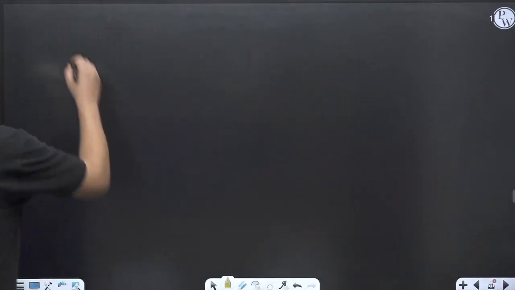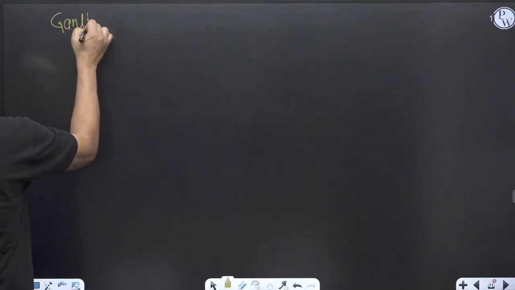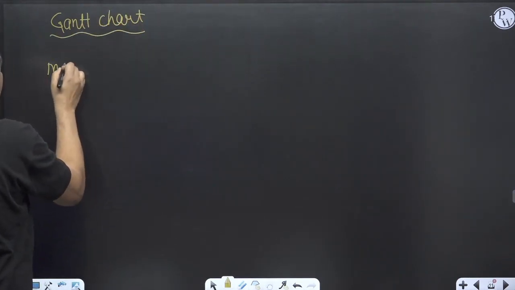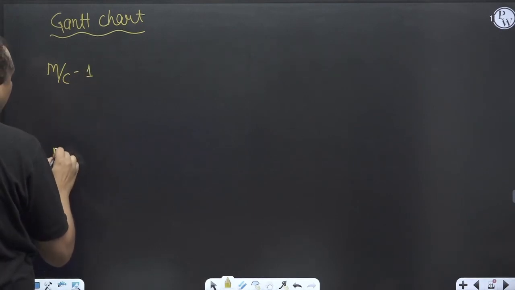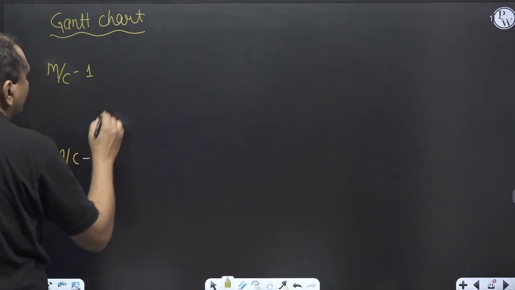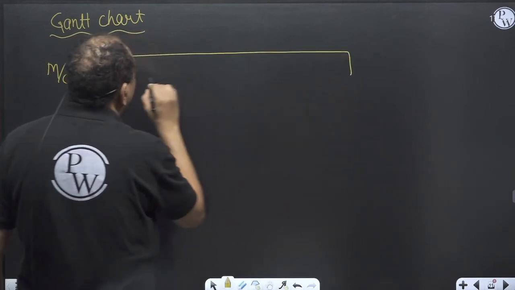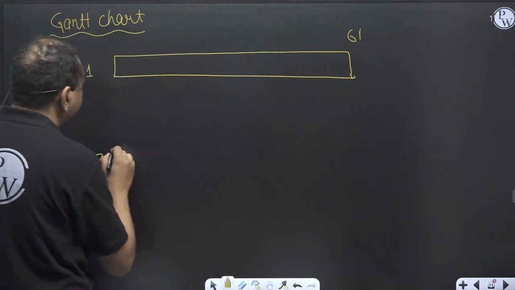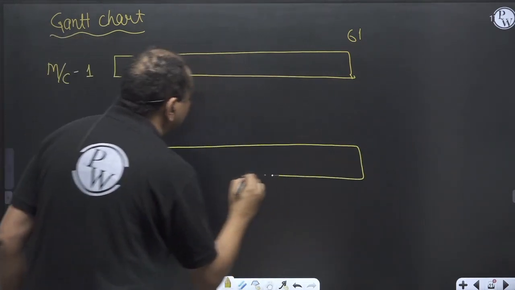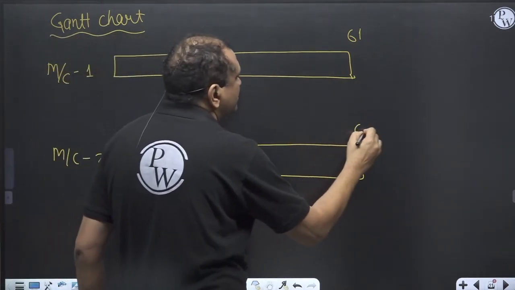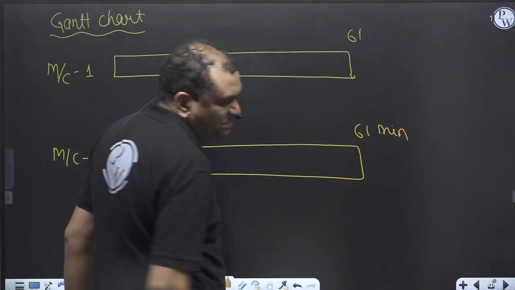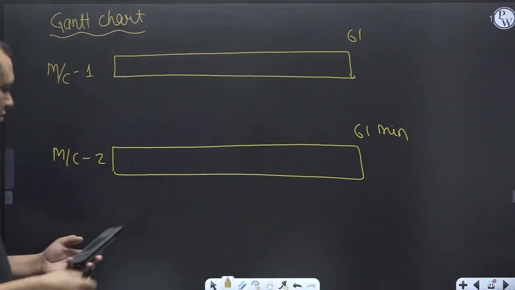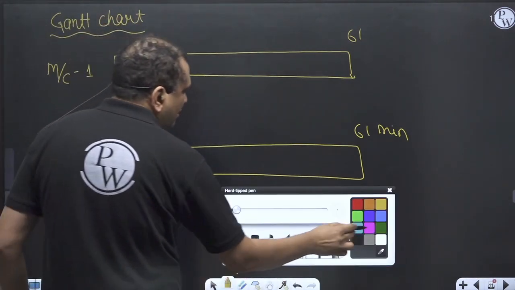So you see this slide. I am preparing the Gantt chart for machine 1 and for machine 2. You know how the Gantt chart looks, like a bar chart. Cycle time is 61 minutes. Now I'm seeing the table.